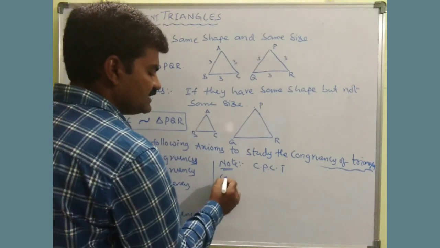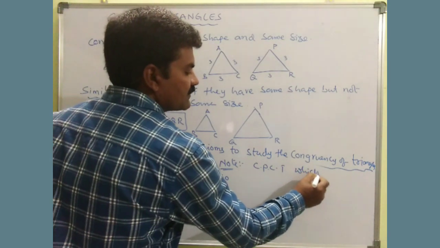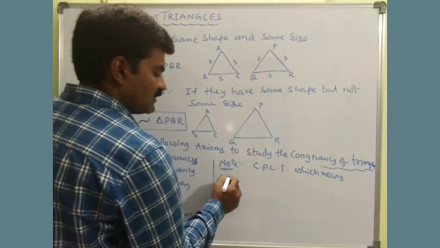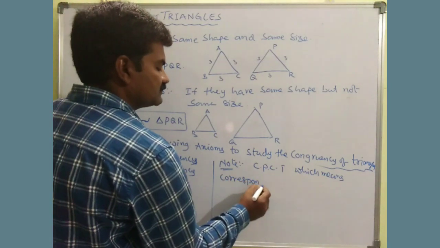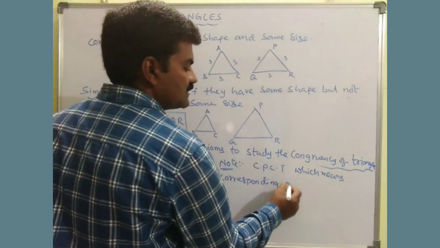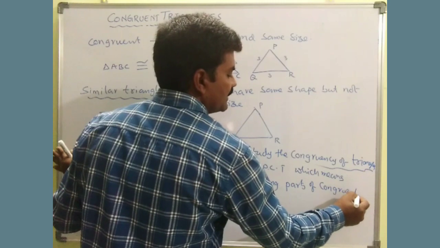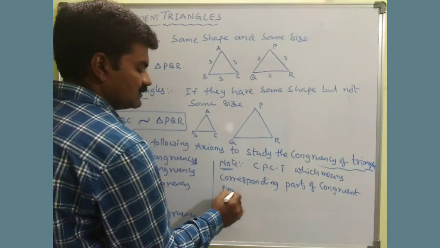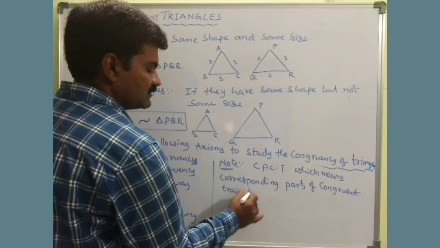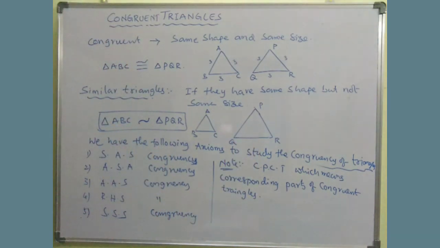You know, CPCT means corresponding parts of congruent triangles. Shortly we write it as CPCT. Okay, ma?